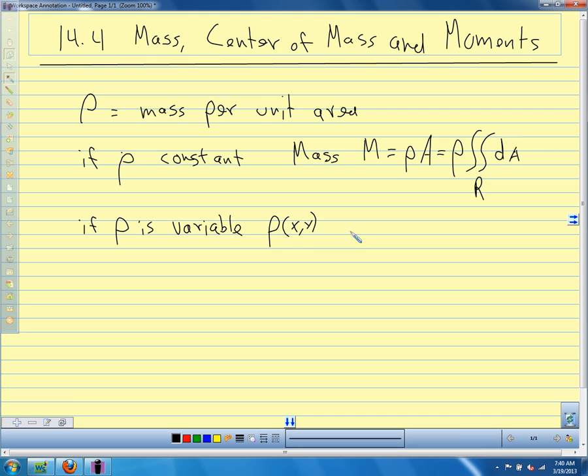Our mass is going to be the double integral over our region of rho(x,y) dA. So we can find the mass of a region when we have variable density.